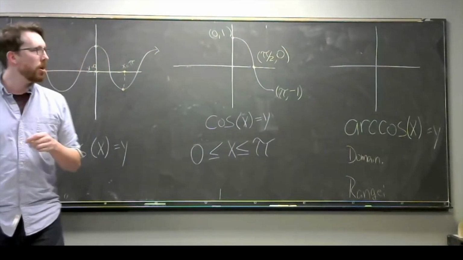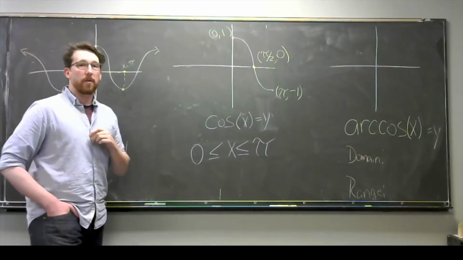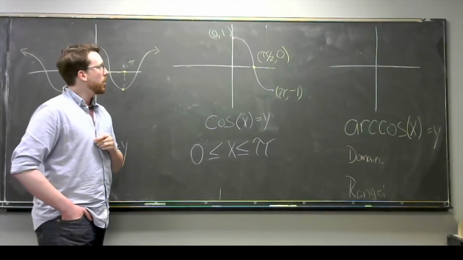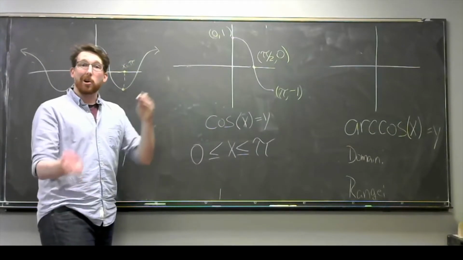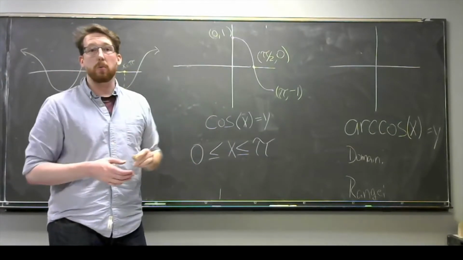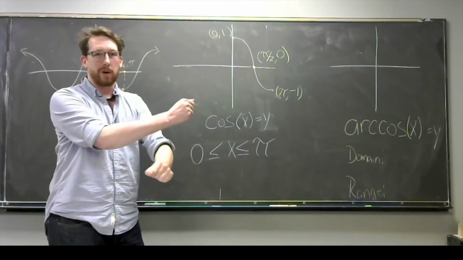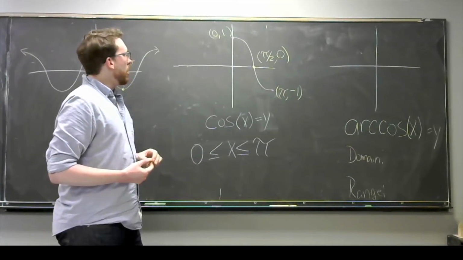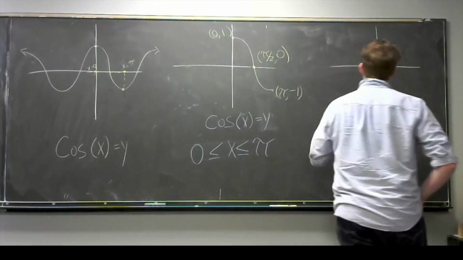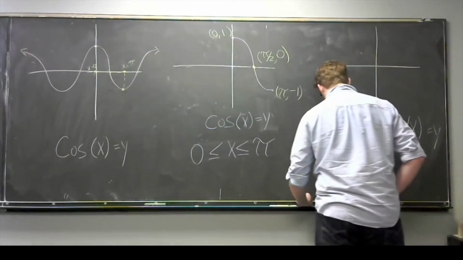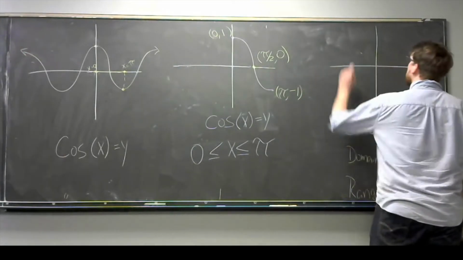Okay. So now we want to find the graph of arc cosine. Well, we know it's the mirror image of this graph across the line x equal to y. So we're just going to flip it, right? If we do that, then the graph of arc cosine is going to be this graph.